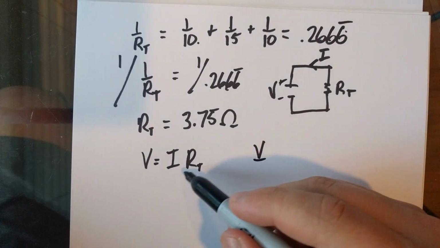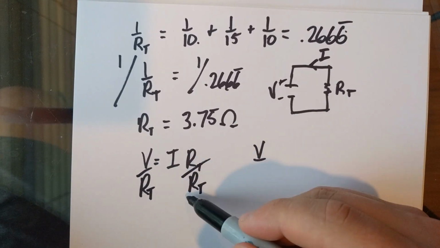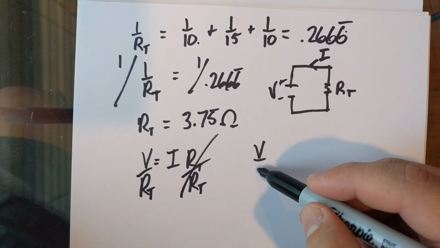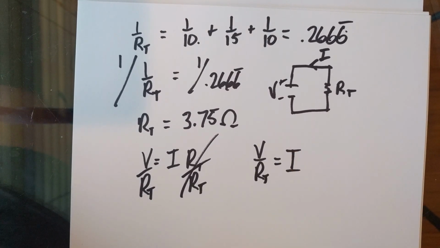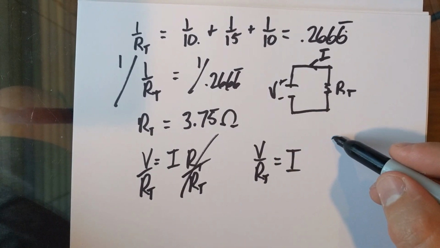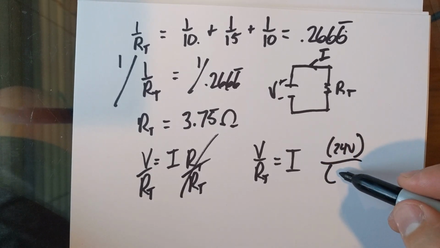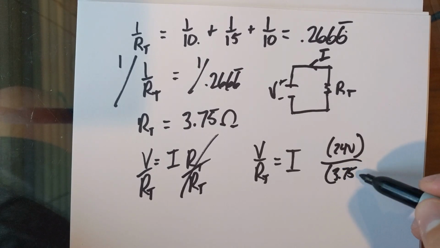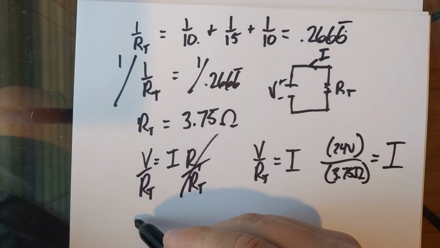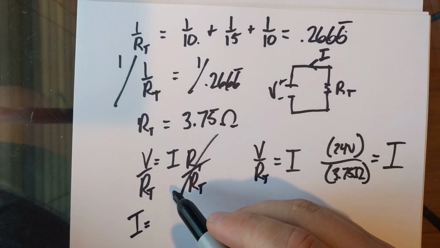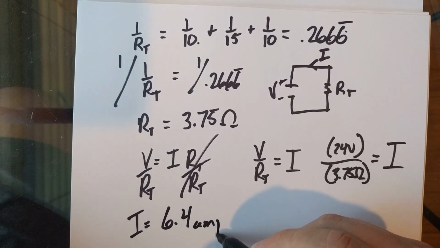If we divide both sides by RT, those cancel, and now you have V divided by RT is equal to I. So now we can put our numbers in. 24 volts, and then 3.75 ohms is equal to I. So I is equal to 6.4 amps. Okay?